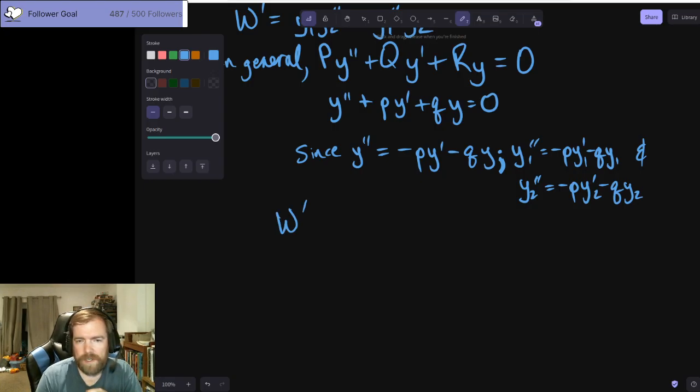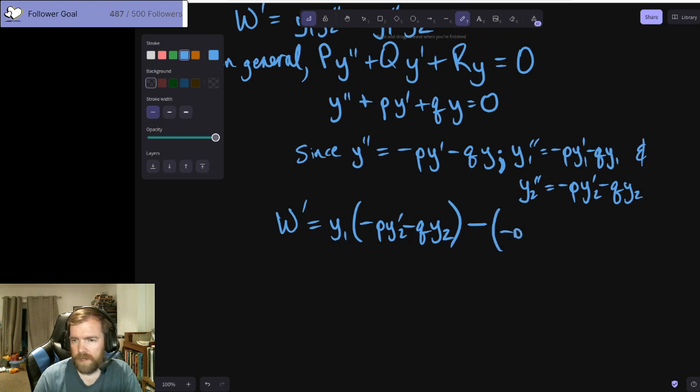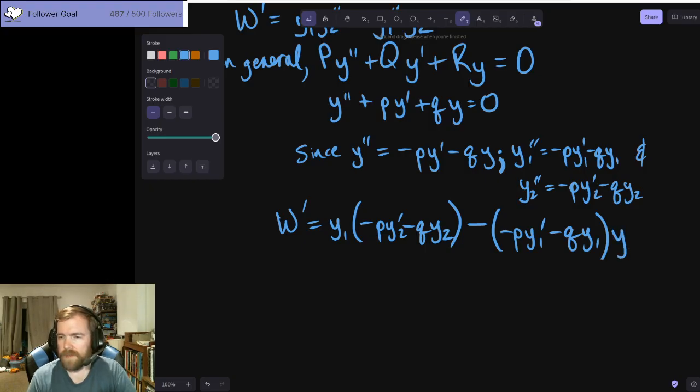We have Wronskian prime equal to y1 times y2 double prime, so negative p y2 prime minus q y2, minus y1 double prime, which is negative p y1 prime minus q y1, times y2.